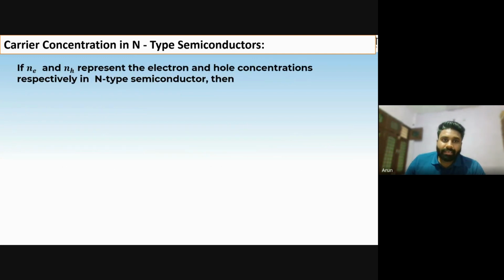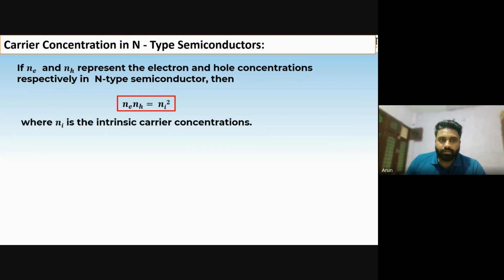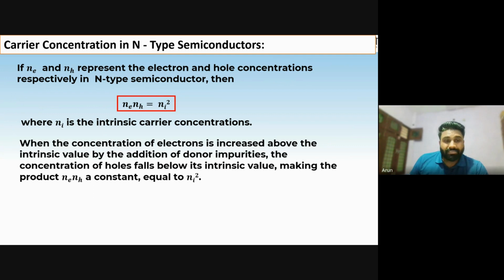So if Ne and Nh represent the electron and hole concentrations, then you can learn this formula: Ne times Nh is equal to Ni squared, where Ni is the intrinsic carrier concentration. So you can learn this relation. When the concentration of electrons is increased above the intrinsic value by the addition of donor impurities, the concentration of holes will fall below its intrinsic value.